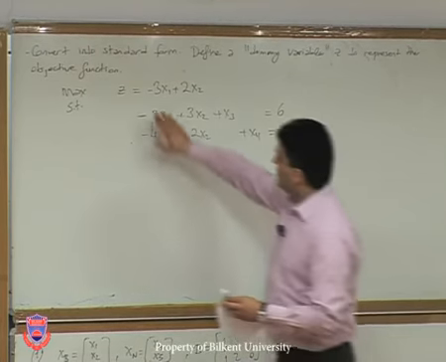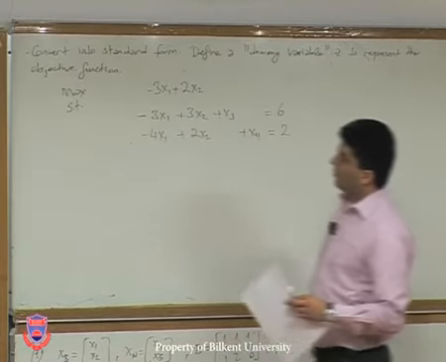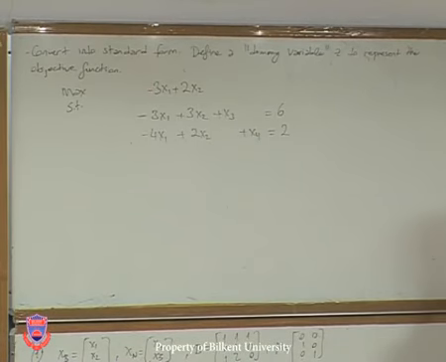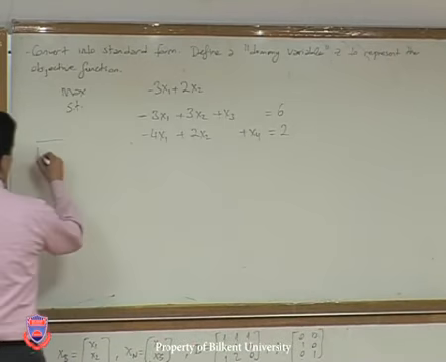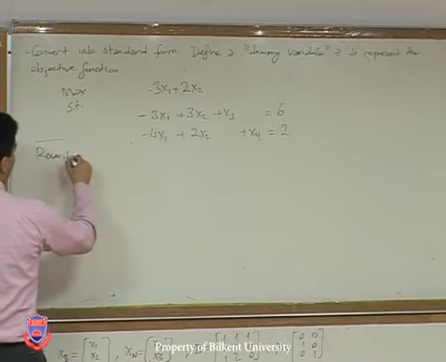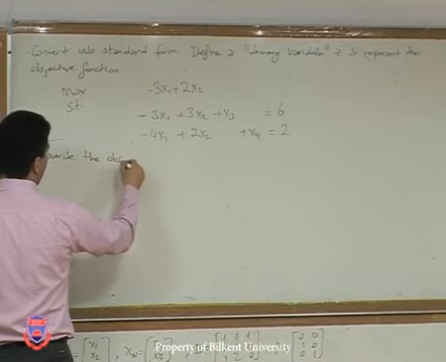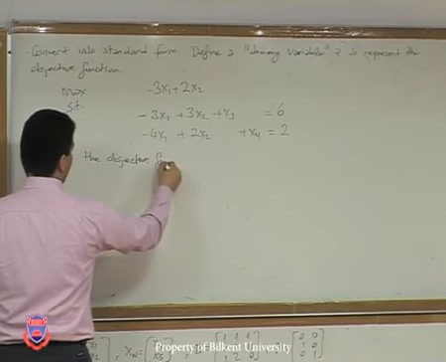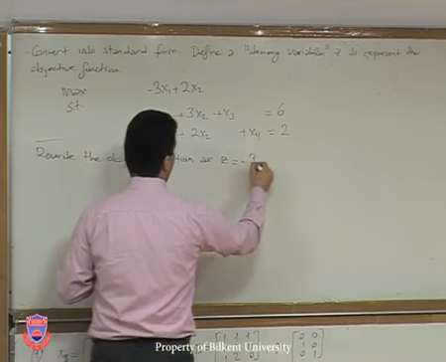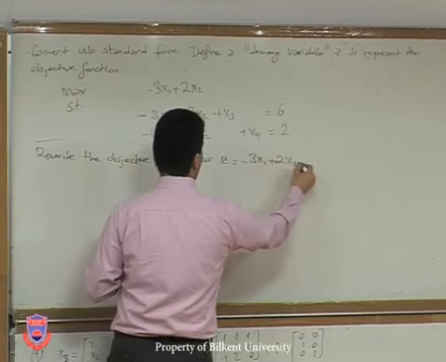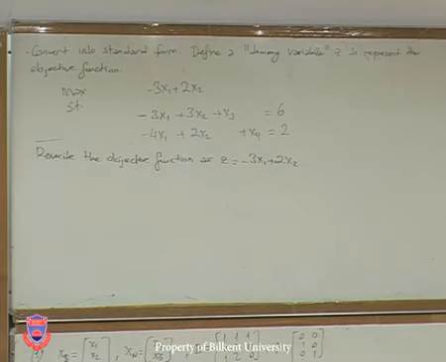So I will rewrite the objective function as z equals minus 3x1 plus 2x2. So z essentially will be a variable that represents the current value of my objective function.